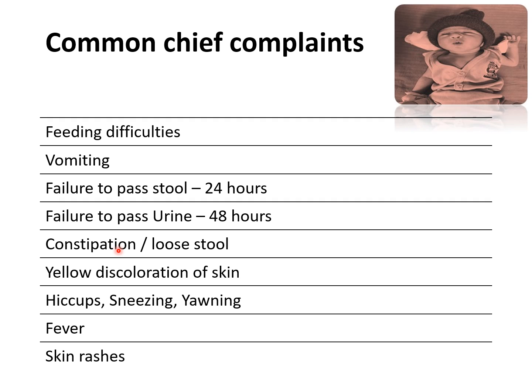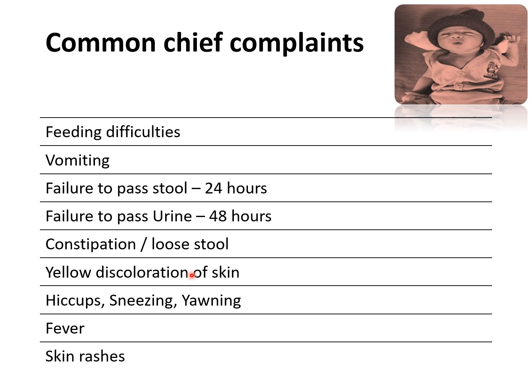But we have to differentiate whether it is normal physiological or pathological. So for loose stool, we have to differentiate whether it is the gastrocolic reflex or neonatal diarrhea. I will tell you in the next slide how to differentiate the common physiological findings from the pathological.